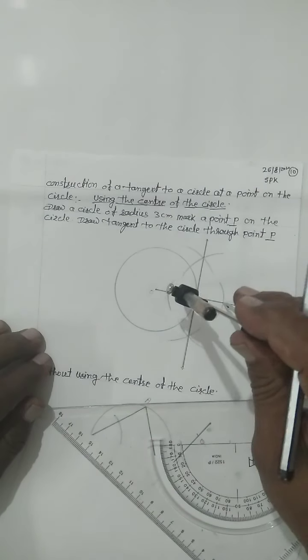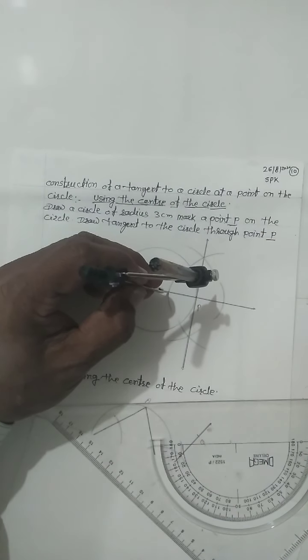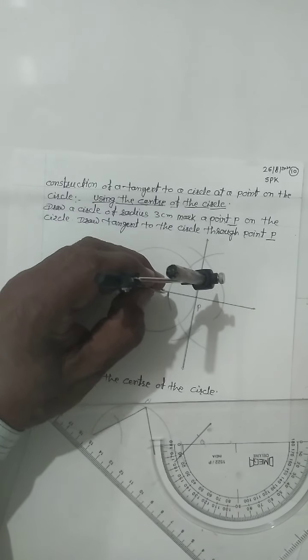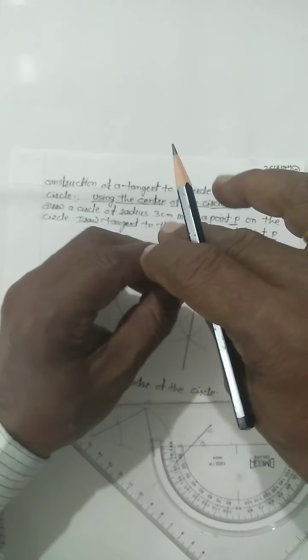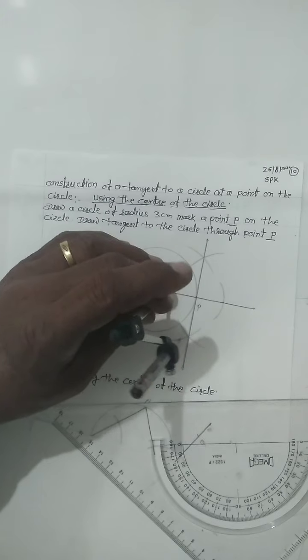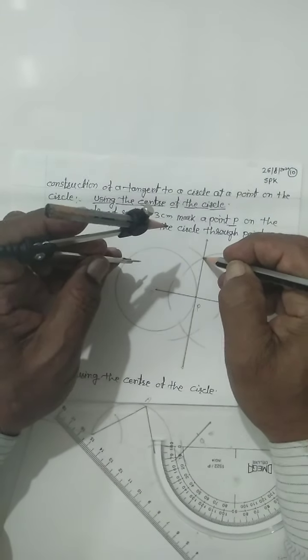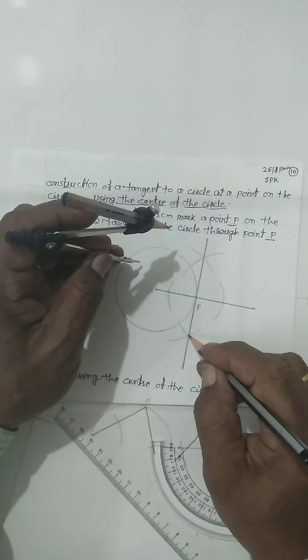Then keep this distance as it is and draw the second arcs on the upper side and lower side. Now these two arcs intersect the previous arcs at points.